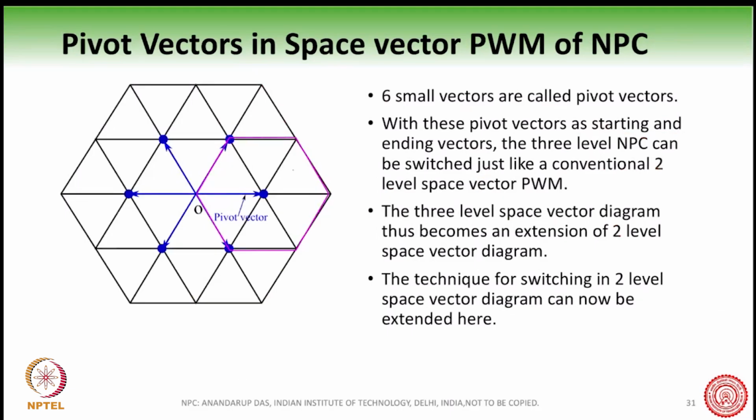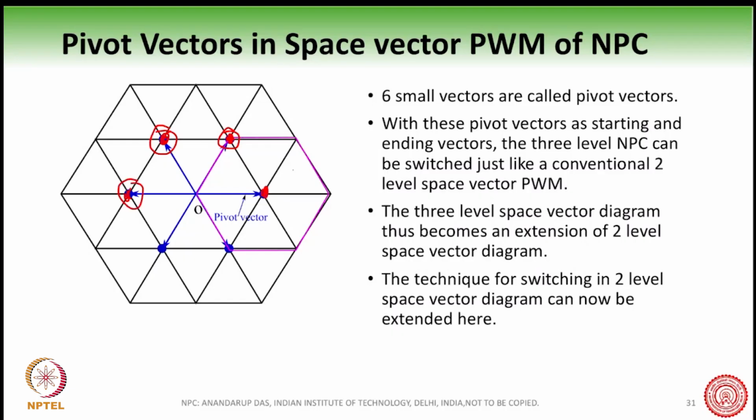So in any switching sequence, we understand that this will be the pivot vector. When you start using this vector, this will be the pivot vector, and when you start using this one, this again will be the pivot.